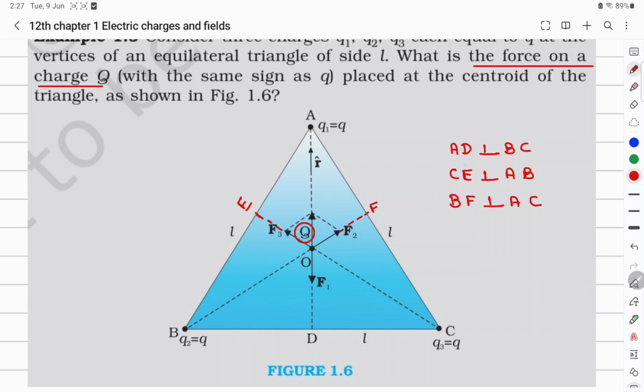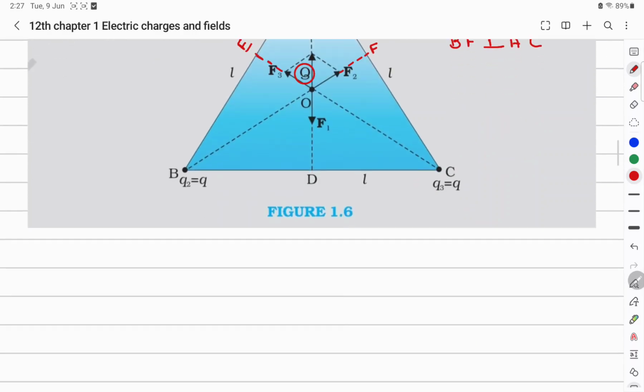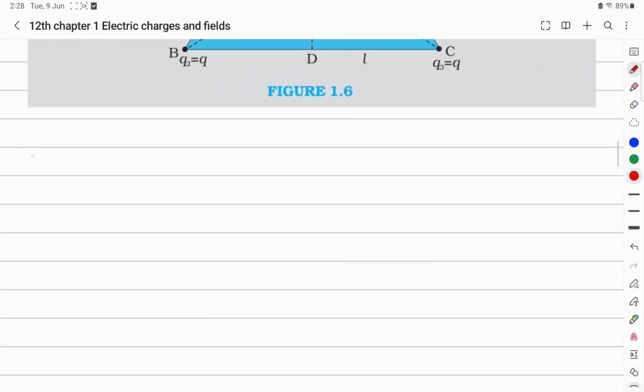So AD, CE and BF are known as medians. So the centroid O is 2/3 of the distance of each median. So this is the centroid formula.